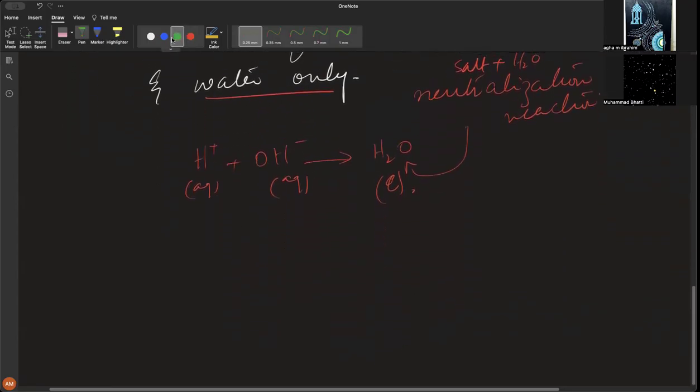An exception, I would want to share an exception here. Look at this. We have manganese 5 oxide that reacts with HCl to give manganese chloride plus H2O plus Cl2 gas.